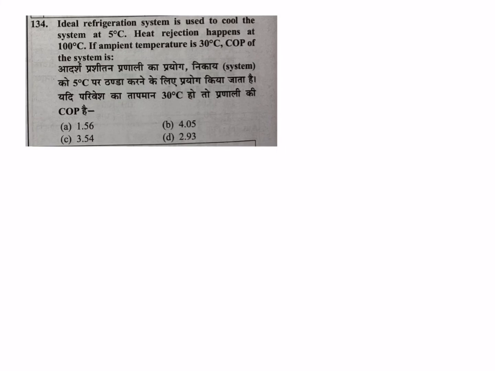Next question. An ideal refrigeration system is used to cool the system at 5 degrees Celsius. Heat rejection happens at 100 degrees Celsius. If ambient temperature is 30 degrees Celsius, what is the COP of the system? So, ideal refrigeration system. This is a refrigerator, anti-clockwise cycle.